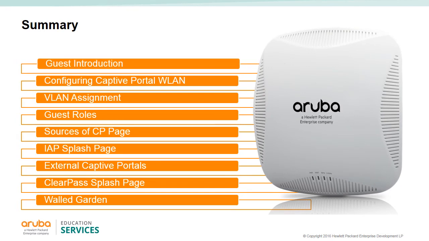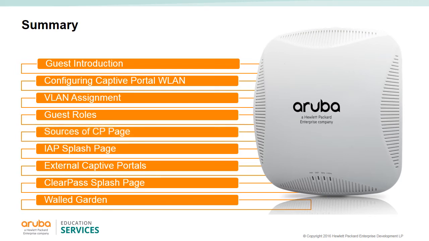In this module, we did a guest introduction and saw the necessity of having guest access. We configured the Captive Portal wireless LAN. We demonstrated how to assign IP addresses to guests. We showed the guest roles that could be applied to limit the guest to the internet and not the corporate network.